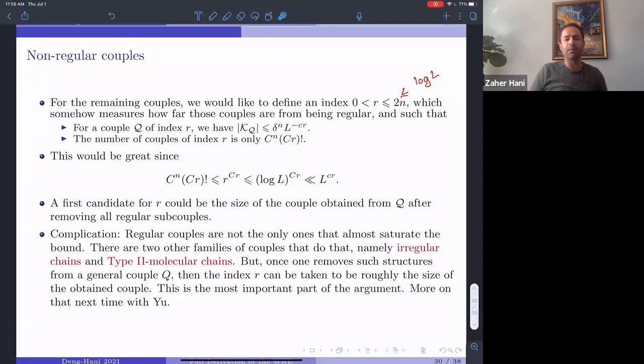The remaining structure will have size R, which you can take to be the index of the original couple. In a way, this is the most important part of the argument. I won't be discussing it today, but this is partly what you will discuss next time.